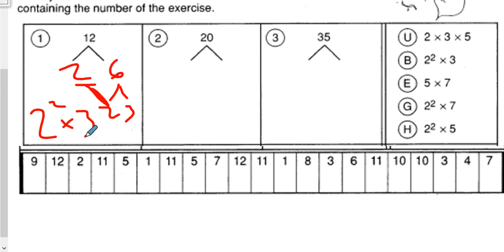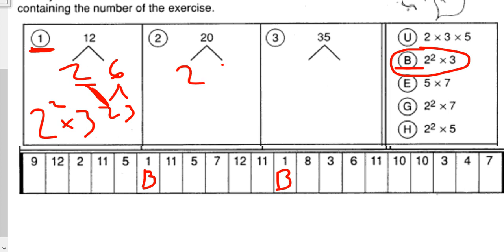Now, if you want to do the puzzle, if you look over here, there's the answer. In number 1, you're going to write the letter B. So you come down in the puzzle and you find the number 1, and you're going to write the letter B everywhere you see a number 1. For number 2, we have 20.